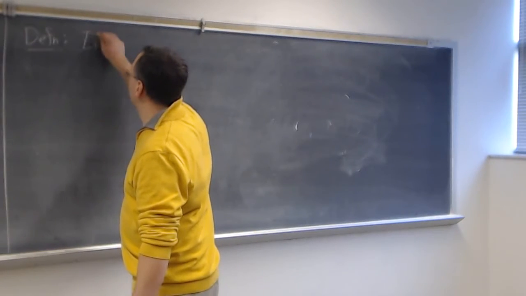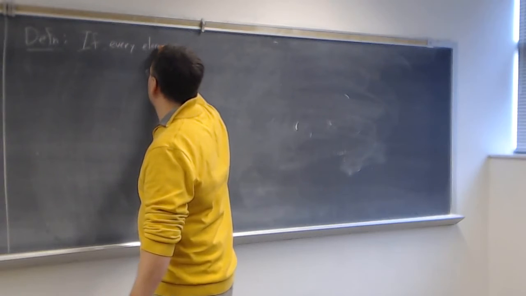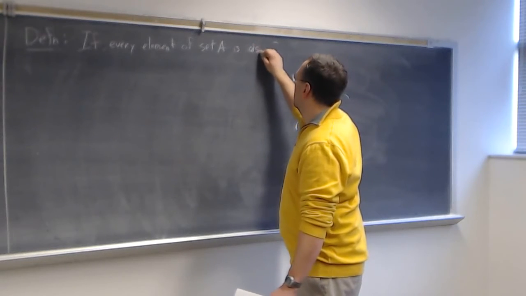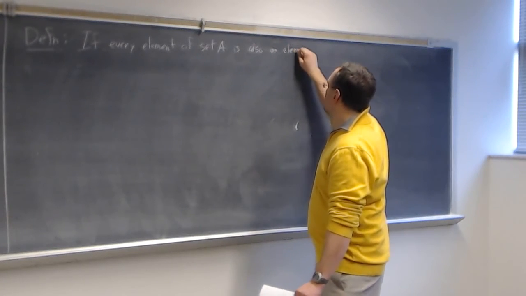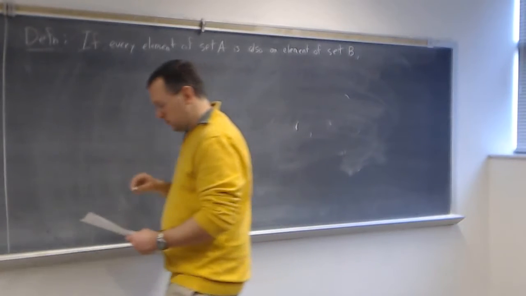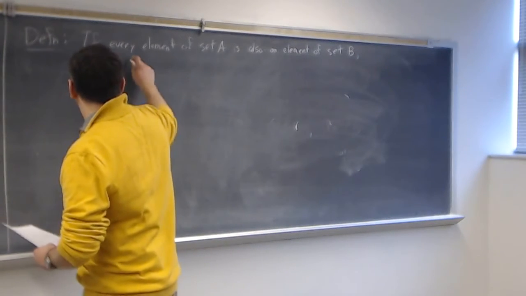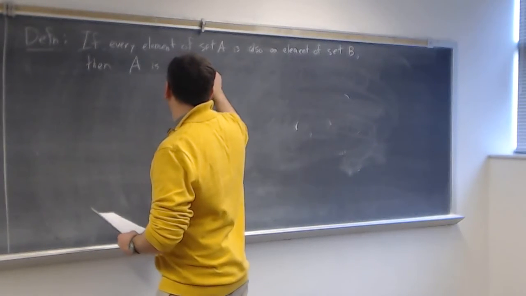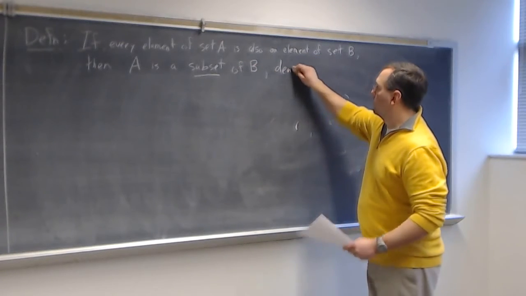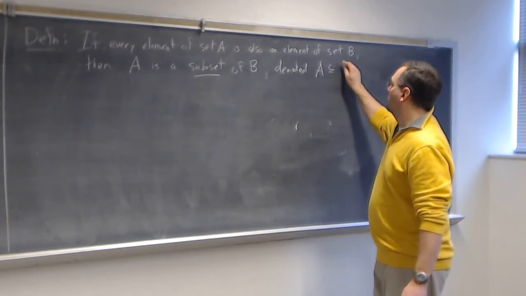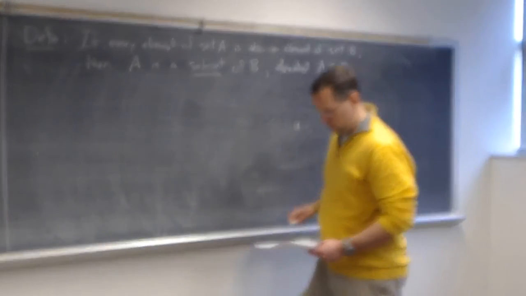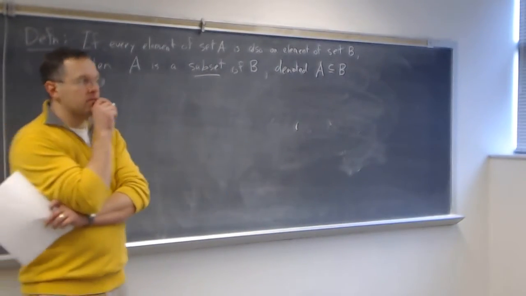Okay, so if every element of set A is also an element of set B, then A is a subset of B, denoted A subset B. Okay. All right.